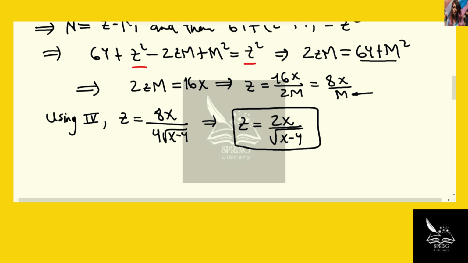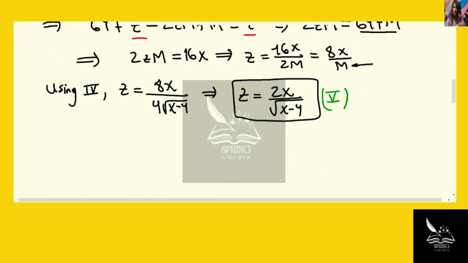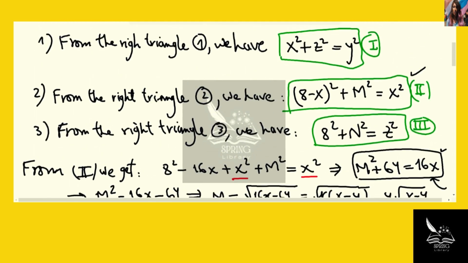So we have z in terms of x, and we are done to write y in terms of x. This is equation 1.